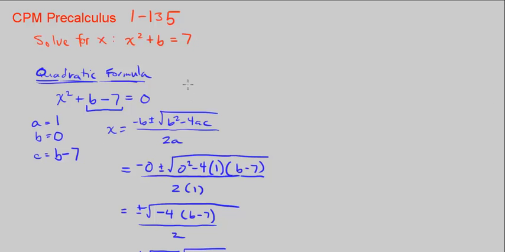So this part showed us that x is equal to plus or minus square root of 7 minus b, and then we had an asterisk. B is less than or equal to 7 for x to be real.